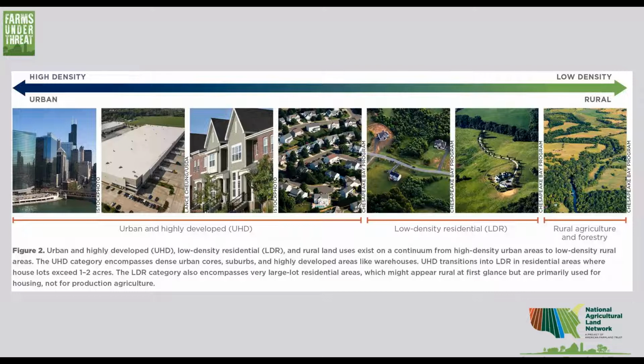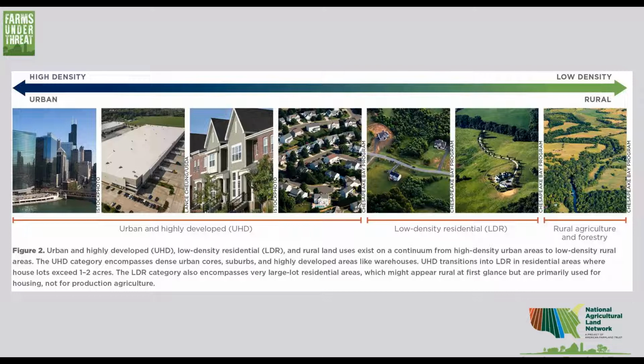These areas range from lower density subdivisions to what you can see on the far right, the larger farmettes and ranchettes. This kind of scattered large lot housing fragments the agricultural land base and makes production harder for the farms and ranches that remain. It's important to note that some agriculture can be found on this low density residential land.